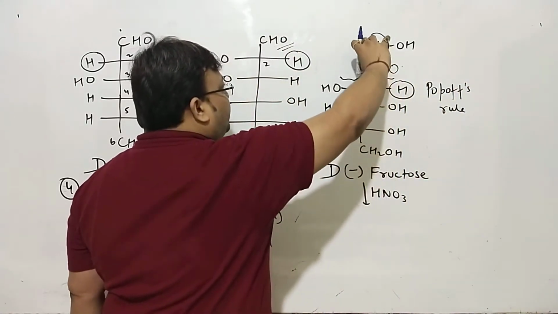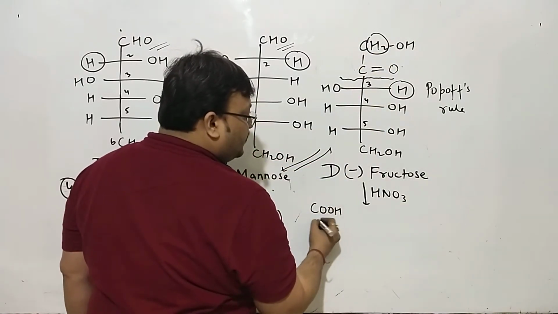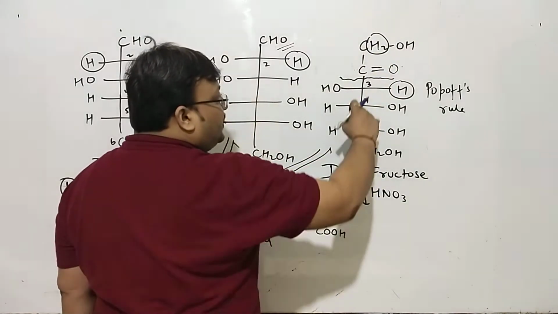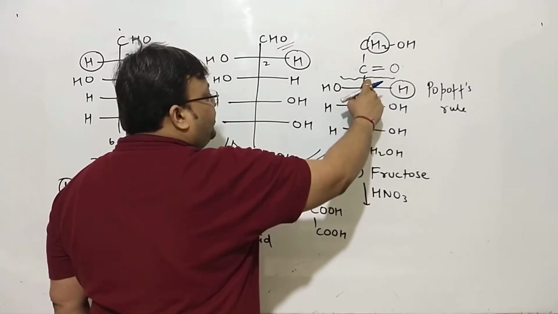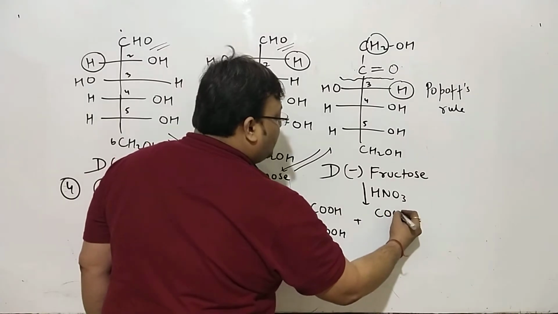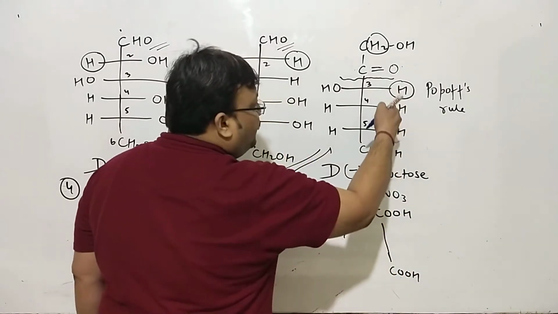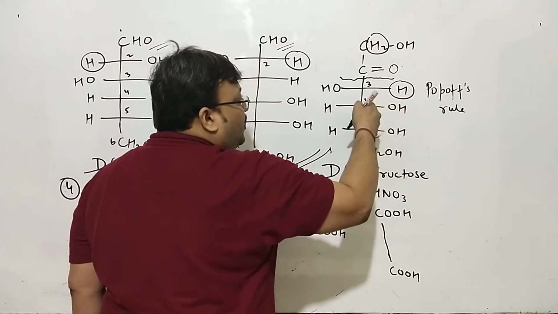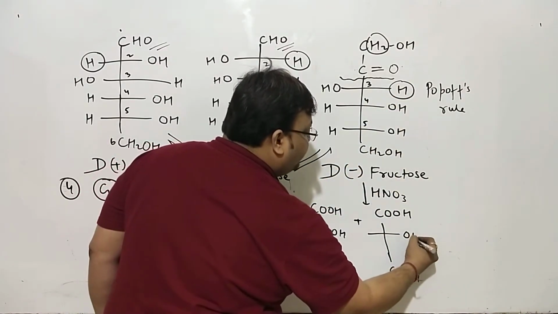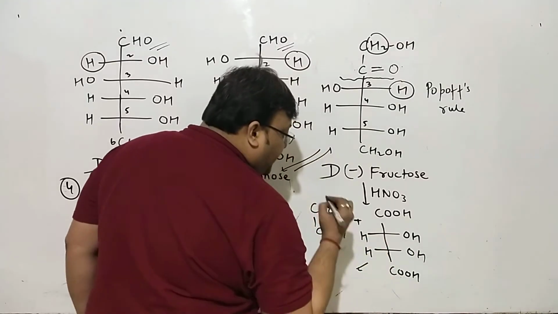Expect two fragments. This fragment would be oxalic acid, and in this fragment, this will become a COOH, this will become a COOH, and naturally 4 and 5 having identical configuration, this tartaric acid will be meso-tartaric acid.